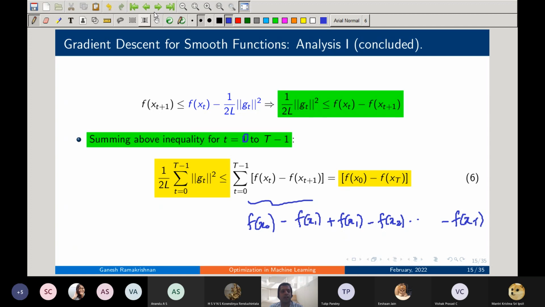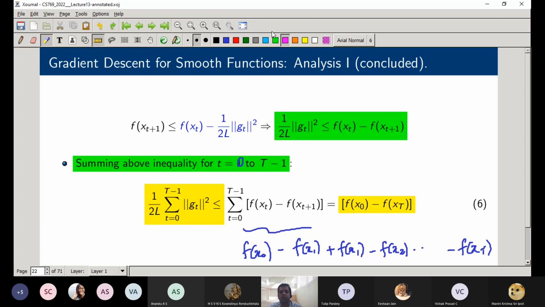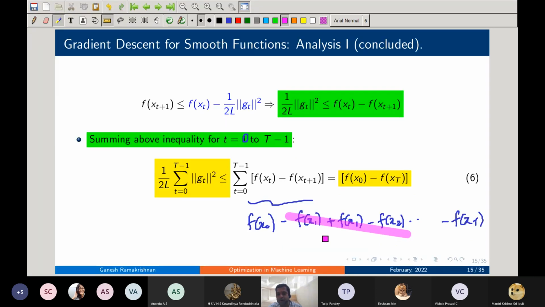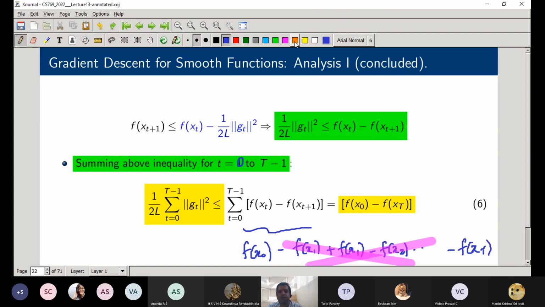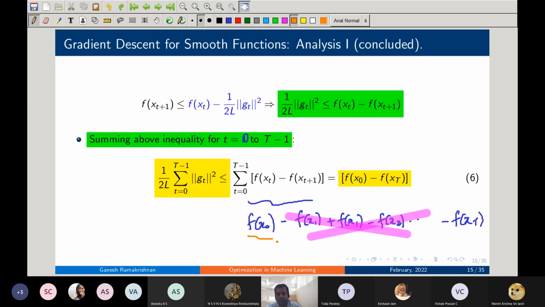All of these get struck off, except for the two terms that survive: f of x_0 minus f of x_T. On these surviving terms, could I apply the next pending trick? Do you think the time is ripe to apply convexity?